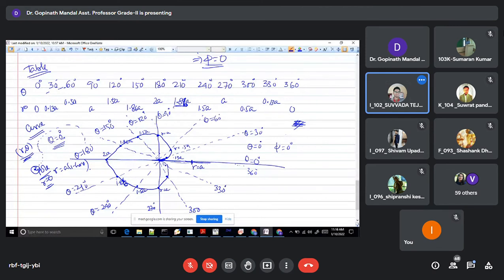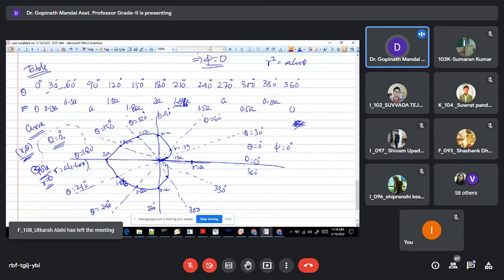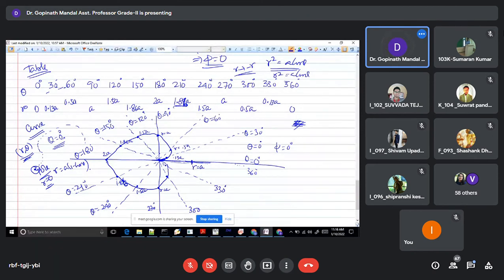Sir, how do you find symmetry about the pole? Suppose r square equal to a cos theta. If we change r to minus r, then the equation will be the same.